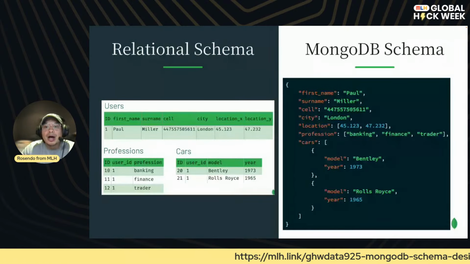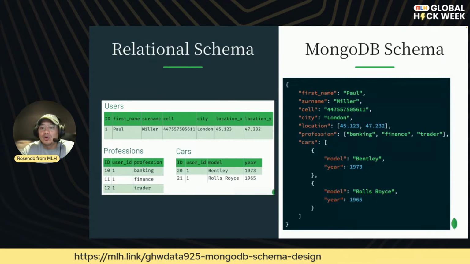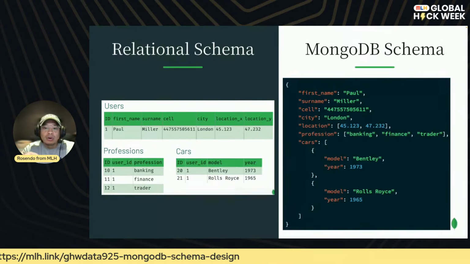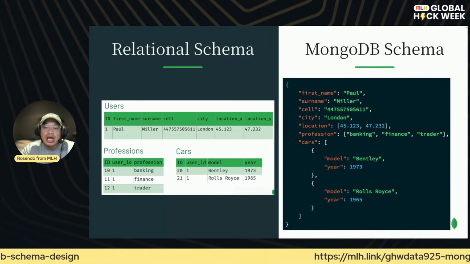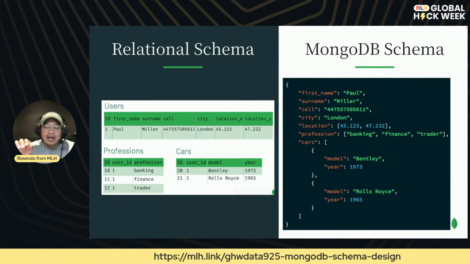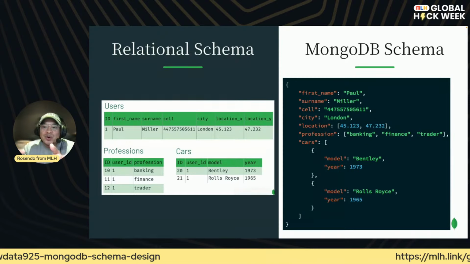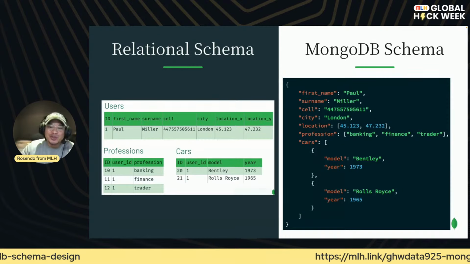So let's take a look at the MongoDB schema. It works a little differently because there really isn't a formal process, algorithm, or hard and fast rules for how to structure your schema. It's important when you're designing it to keep in mind that the only thing that matters is that you design one that will actually work well for your application.